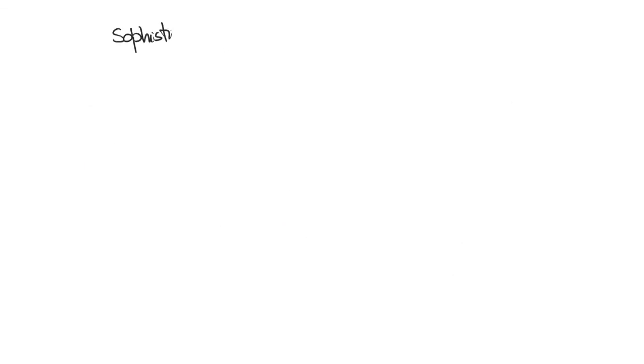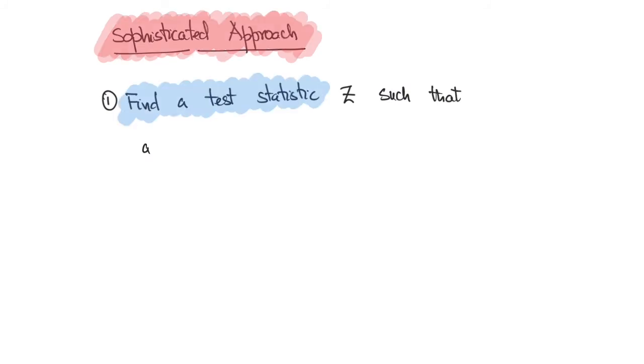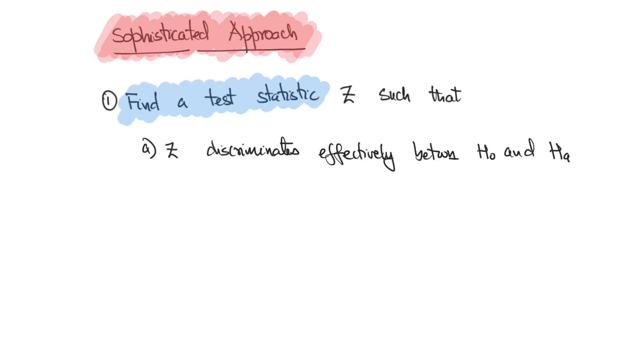We consider a more sophisticated approach to a hypothesis test. So the first step would be to find a test statistic. We call it Z, and it satisfies three properties. Z would have to discriminate effectively between the null hypothesis and the alternative hypothesis.